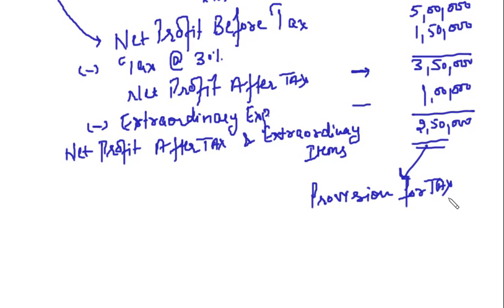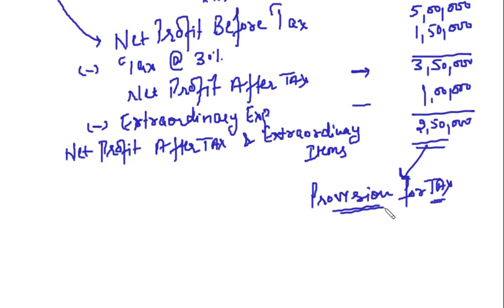Right? Like you have 100 rupees in your pocket and you are thinking that you have to spend rupees 50 on buying a notebook. This thinking is provision. You are creating a provision in your mind that you have to pay 50 rupees for the notebook. Here also the business is creating a provision in his mind that they have to pay tax next year.